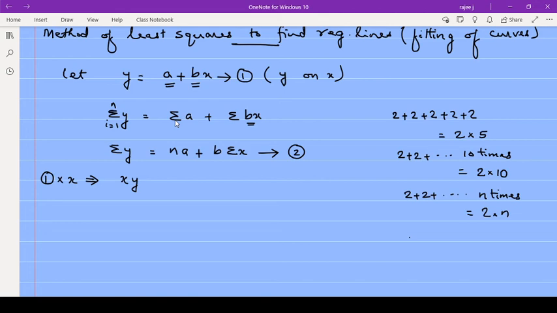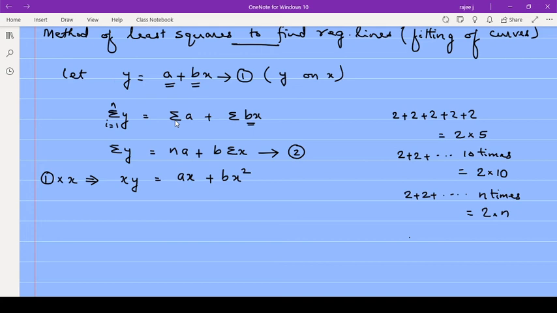So x into y is equal to a into x plus b into x square. So x into y, x into a, b into x square. Okay. Or you can multiply that with y also. If you multiply with y, then y square, ay, bxy will come. So you can use either of them.